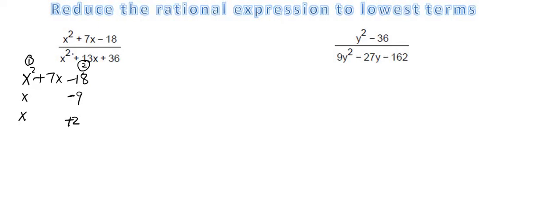Now we're going to do the second step, the cross product. X times 2 equals 2x. X times negative 9 is negative 9x. And 2x minus 9x equals negative 7x.